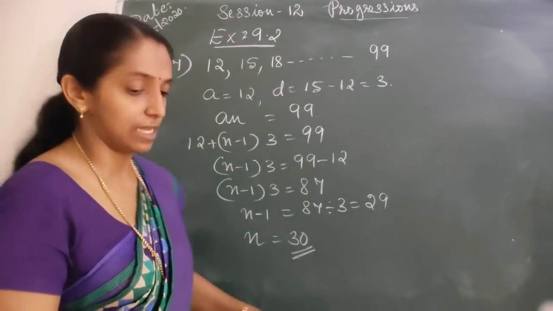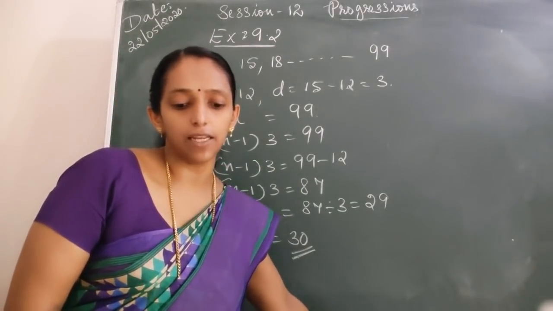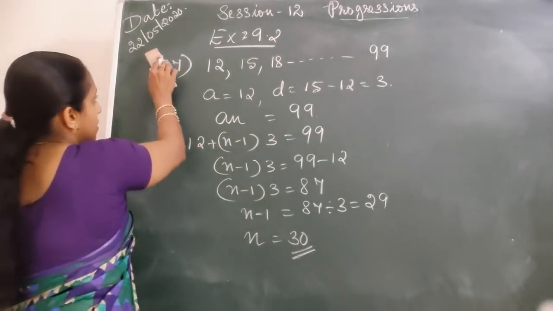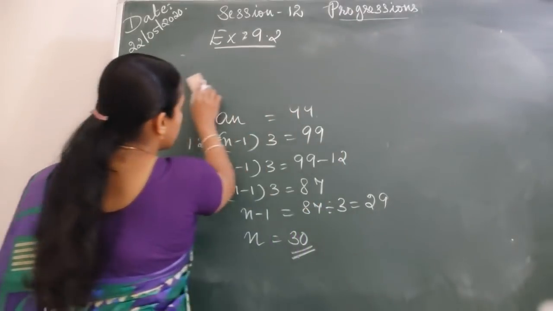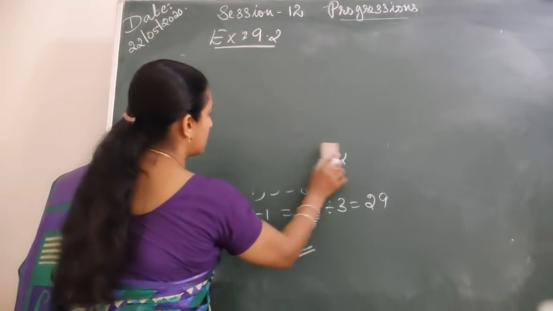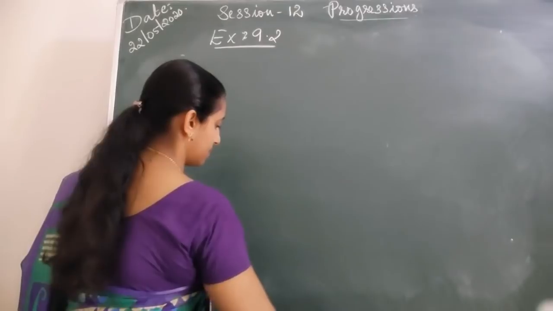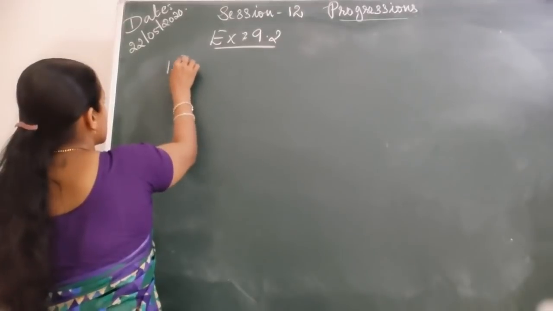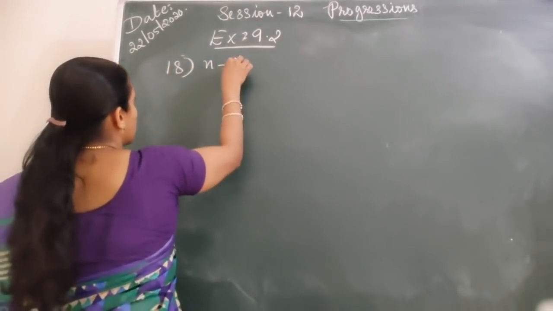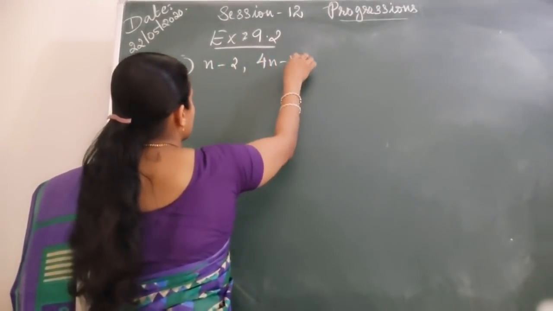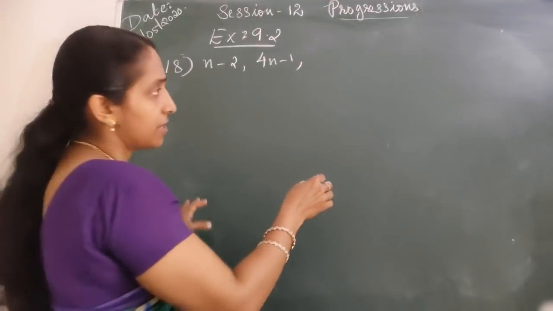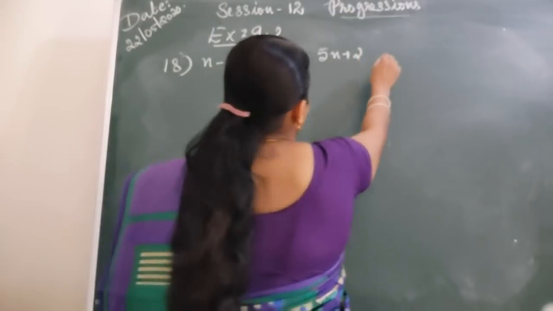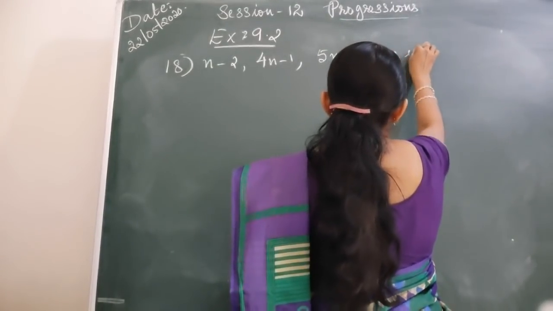Question number 18. If the numbers n minus 2, 4n minus 1, and 5n plus 2 are in AP.